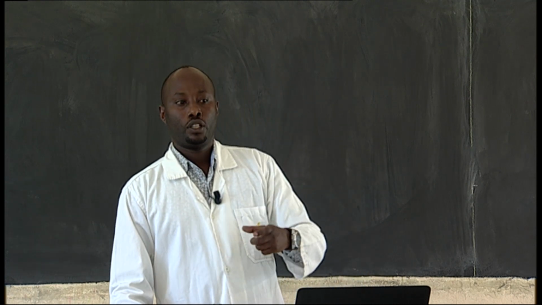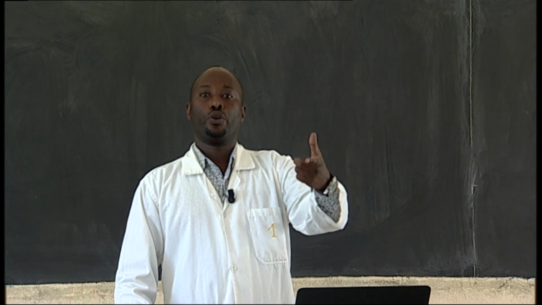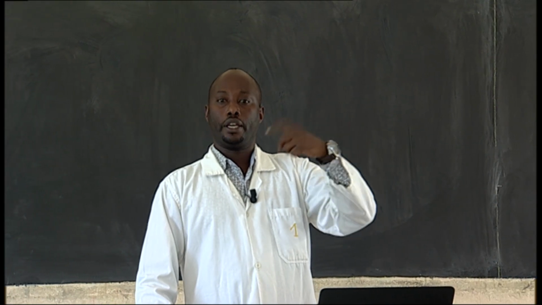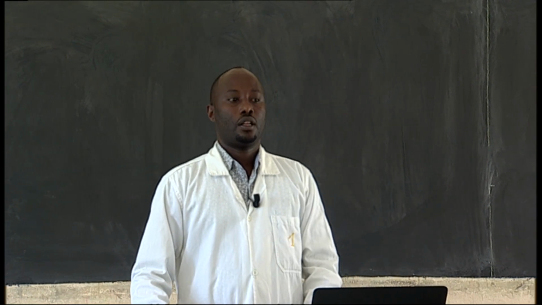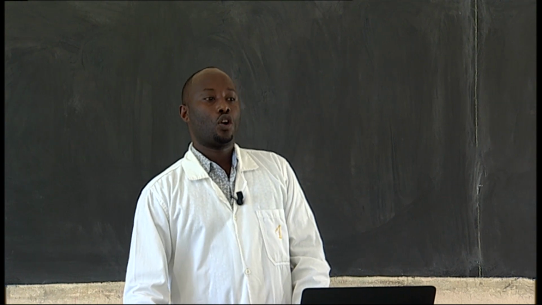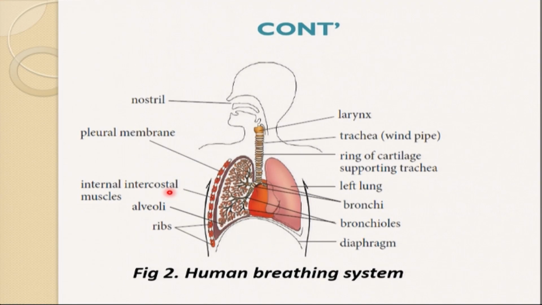The diaphragm forms a dome-shaped structure when you breathe out, but when you breathe in, the diaphragm flattens. We have the internal intercostal muscles as well as the external intercostal muscles. All these parts are very vital as far as the breathing mechanism is concerned. We're going to see how breathing occurs in our body.